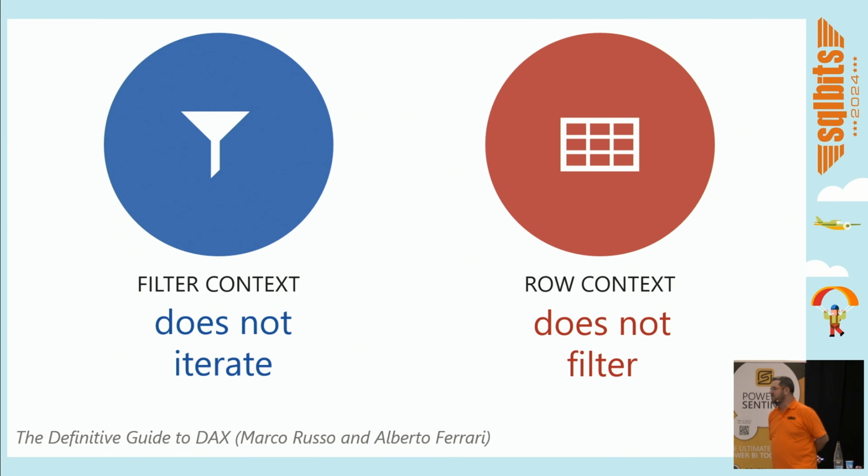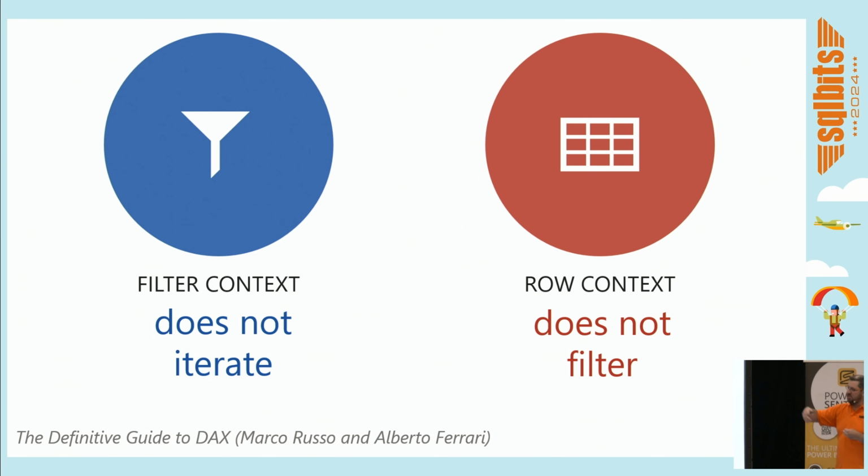Corollary to the rule is that filter context does not have anything to do with the iteration over the rows, and row context does not have anything to do with the filtering of the rows. We will learn later about context transition, which is where the row context introduces a new filter context, but the row context itself is still not doing the filtering. The row context is introducing an additional filter context.